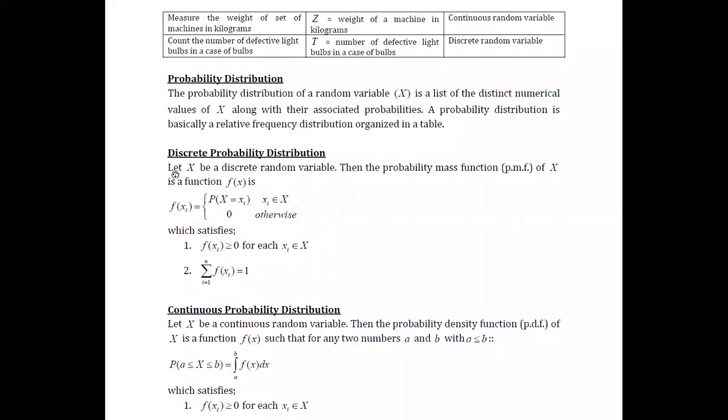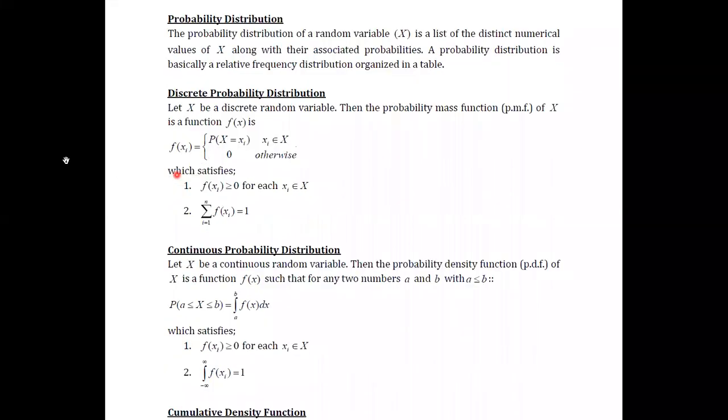First, we will discuss the discrete probability distribution. If we let x be a random variable and it falls into the discrete category, then we can say that x is a discrete random variable. If you assign the probabilities for such a discrete random variable, then we can construct a discrete probability distribution.